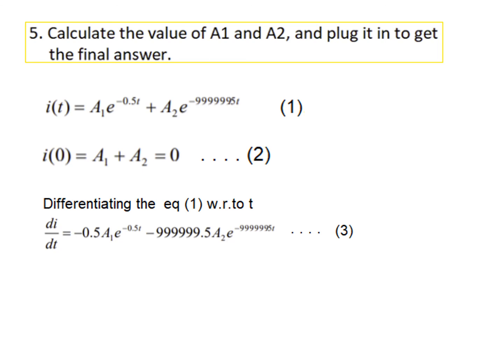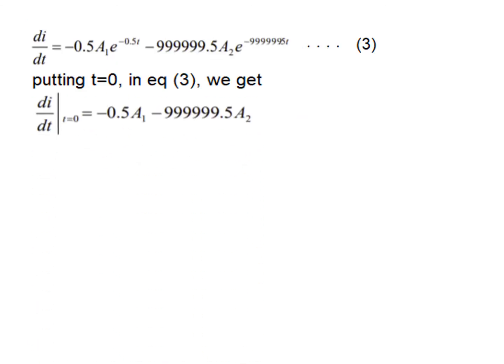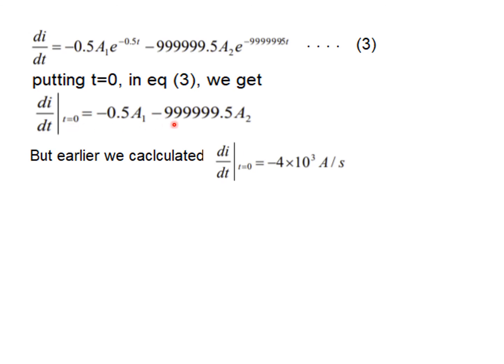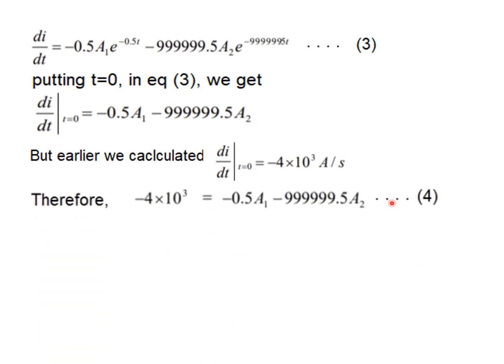So differentiating this, we get as shown here in equation 3, and then put t equal to 0. Our equation comes up to this point. We had already calculated the value of di/dt, so we'll plug in this value here. So plugging in the value, we get equation number 4, and this was the earlier equation.